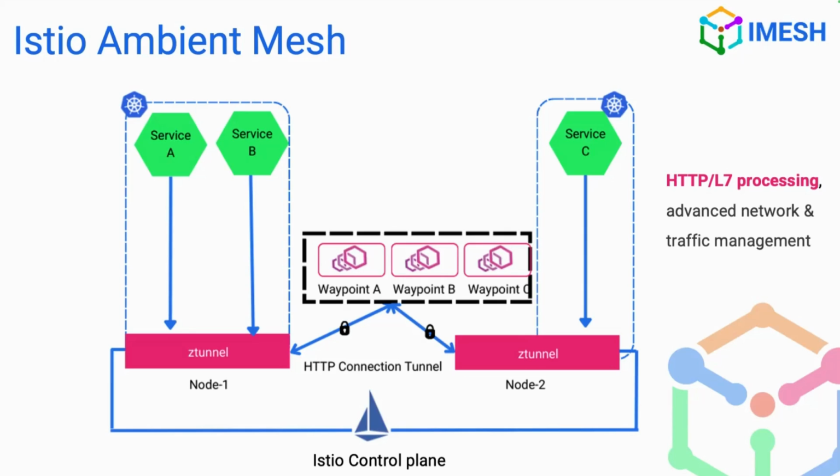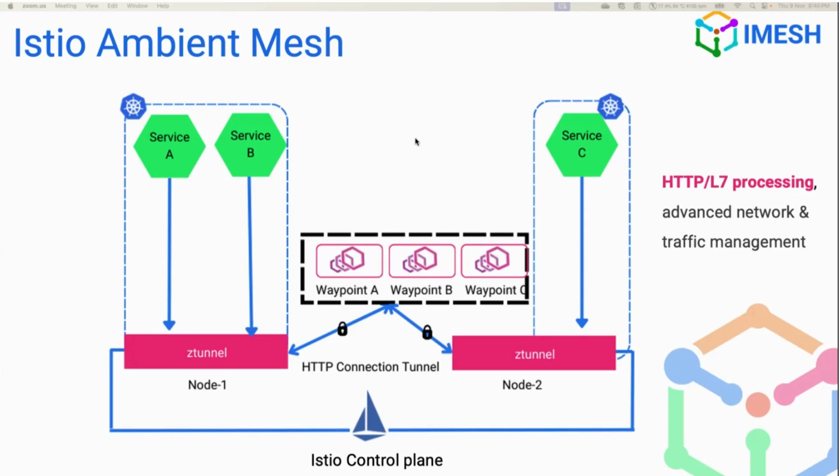And regarding maintaining multiple proxies, if we are aware of ambient mesh and the default Istio mode, which is the sidecar version, what happens in the default sidecar mode is that each and every application will get its own sidecar proxy, and it brings the cost high because it takes CPU and memory.